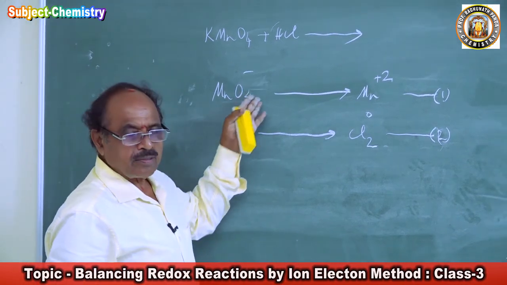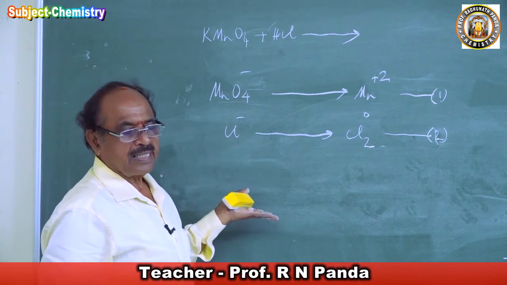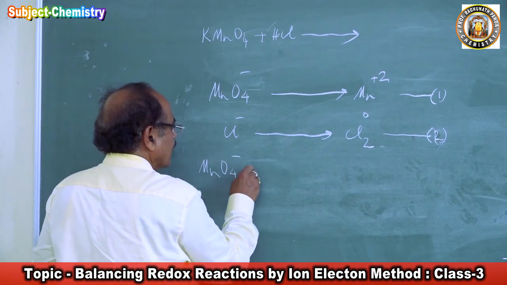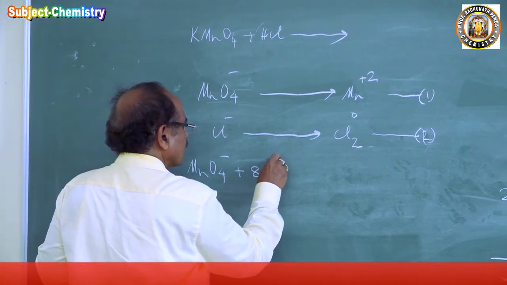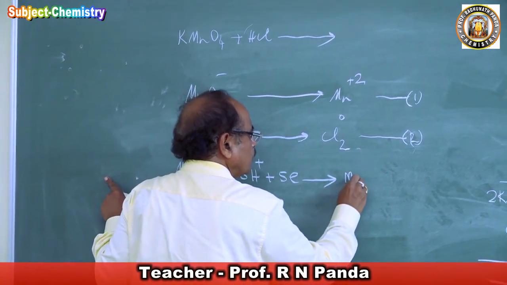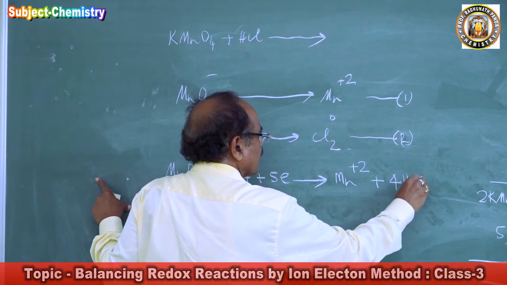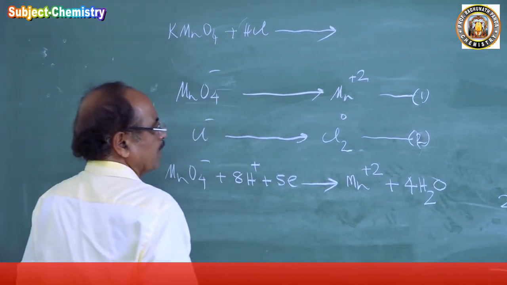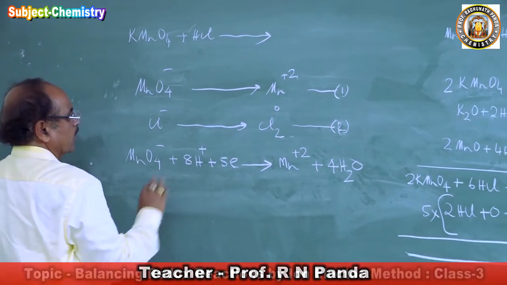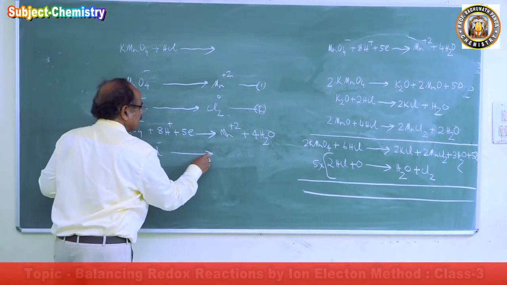We will balance this in ionic form, then cancel out the electrons of both reactions. For the first reaction, we have MnO4 minus plus 8H plus plus 5e forms Mn plus 2 plus 4 water. And now Cl minus is forming Cl2.